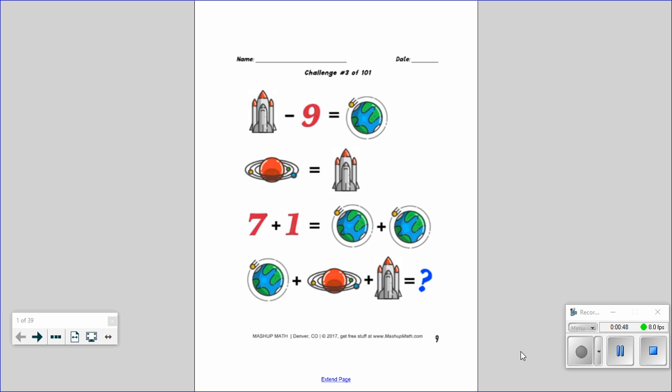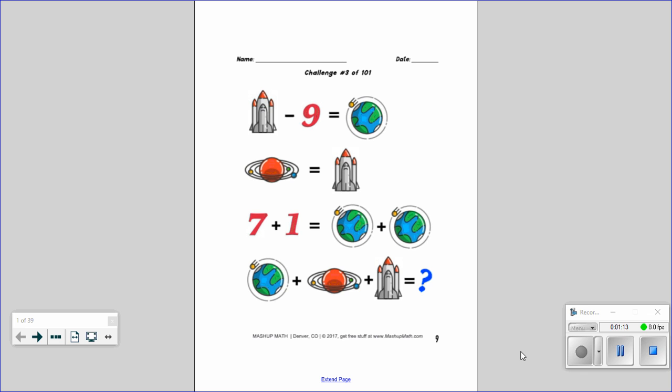And if a picture is repeated, that means that's the same number. So do you see all these earths? Every single earth represents the same number. So if you figure out that earth is equal to 75, all of the earths are equal to 75 on this problem. Does that make sense?